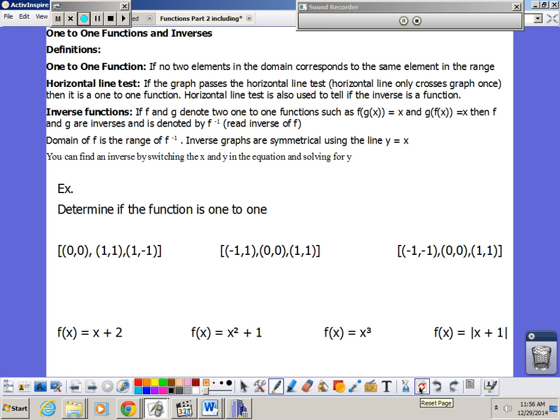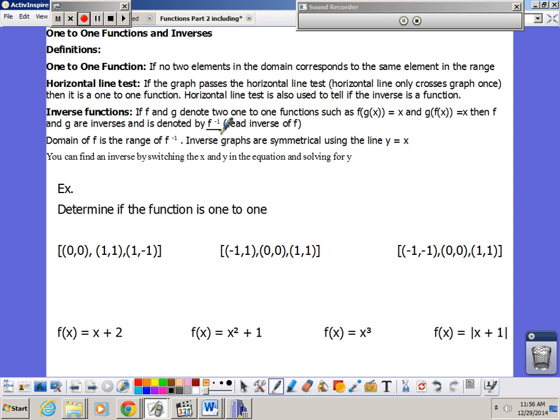Okay, talking about inverses. Inverse is the opposite, when you switch the x and the y. It's read f of -1. Okay, let's start again.